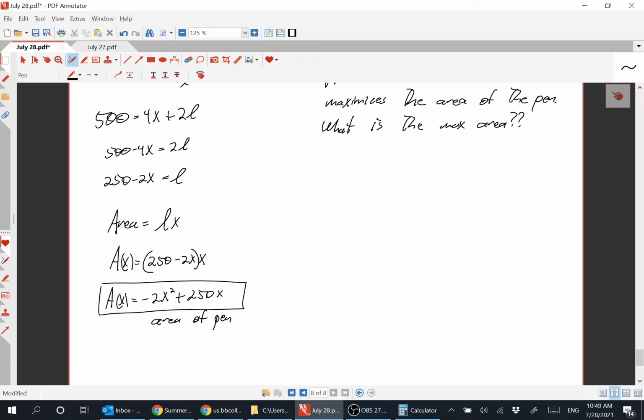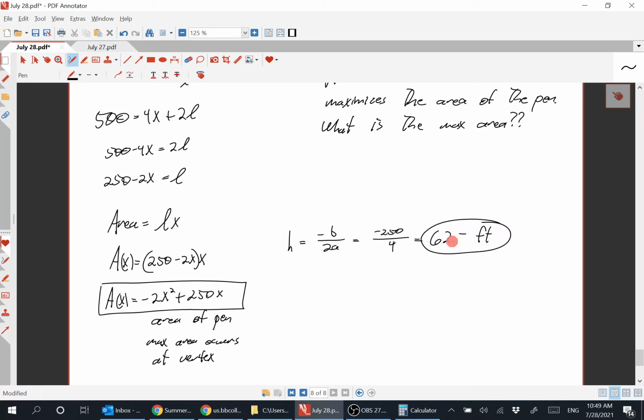So the max area occurs at the vertex. The max area occurs when x is equal to h, which is minus b over 2a, so that's 250 over 4, which is 62.5 feet.